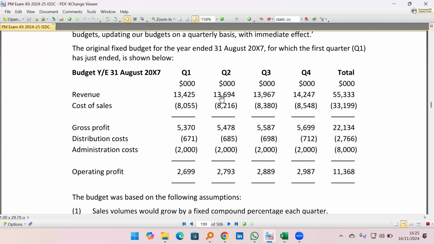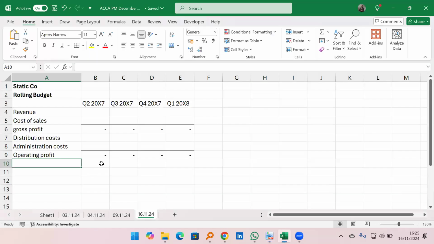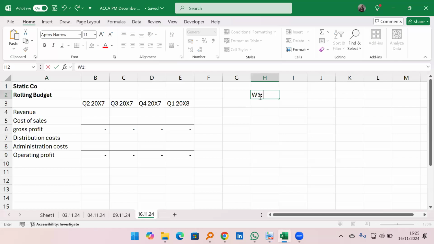The way the growth was meant to be is that, because they're saying fixed compound percentage each quarter, from quarter one to quarter two the growth was meant to be some percentage, then quarter two to quarter three the same fixed percentage. So we can determine, as a working here, the growth in revenue.